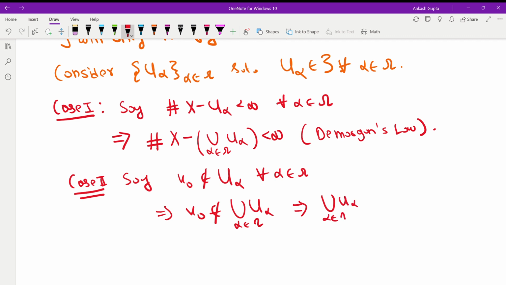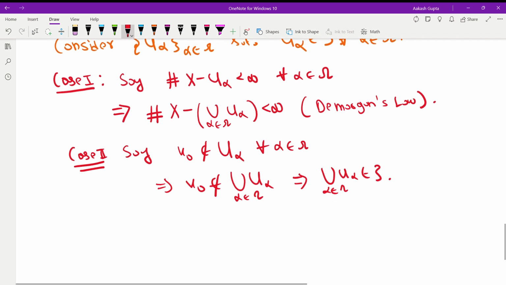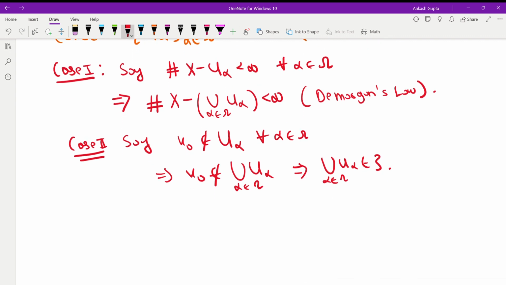So this also implies that the union is in tau. What should be the next cases? Those are important. Like we assume that at least one of them has some condition. So case 3.